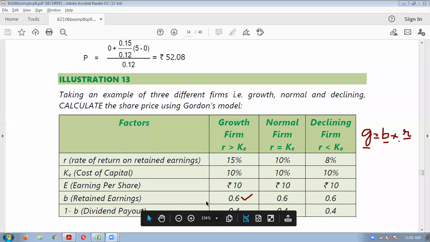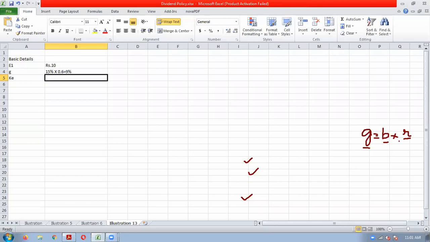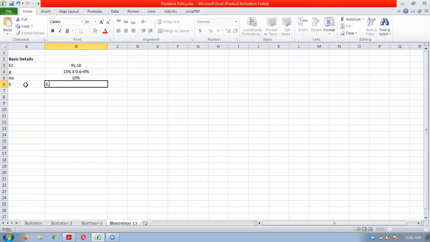KE is how much? KE is 10%. So now B is given. B, the retention ratio, is how much? 0.4.